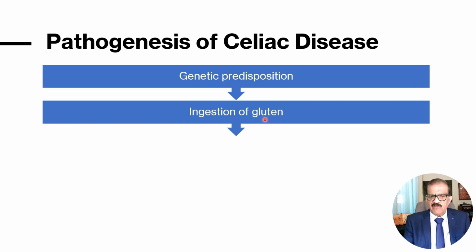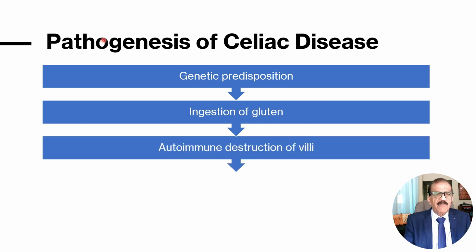All societies in the world take wheat, some in the form of bread, others pasta, others chapati. Wheat is widely consumed, and it's very hard to imagine a meal without wheat. So ingestion of gluten in the form of wheat is required for the causation of this disease in genetically predisposed people.